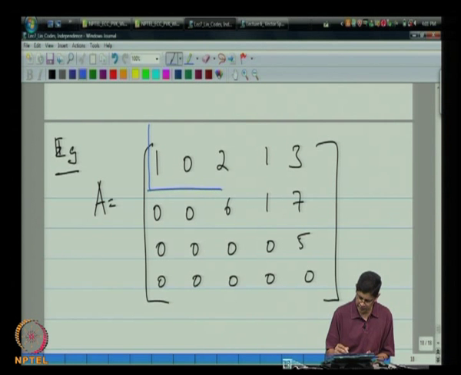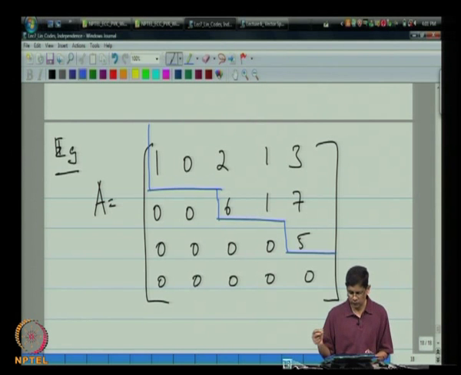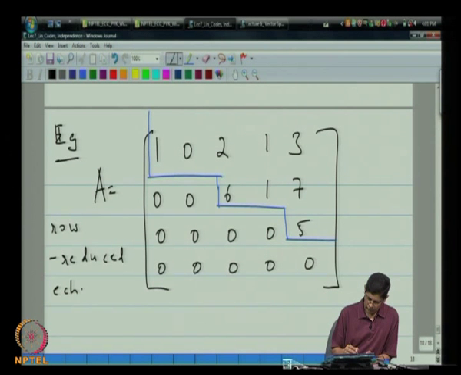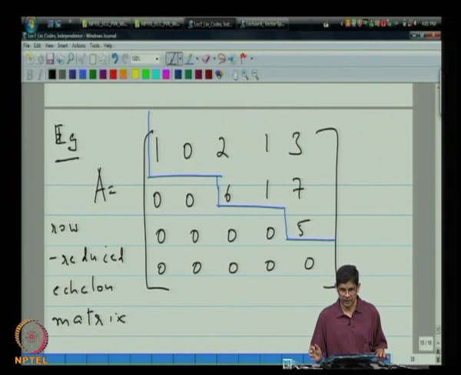Now, if you have taken linear algebra, then you will realize that this is what is known as a row reduced echelon matrix. Echelon simply means staircase form, and by linking these non-zero entries the way I have shown it, you can see that a staircase pattern is formed.